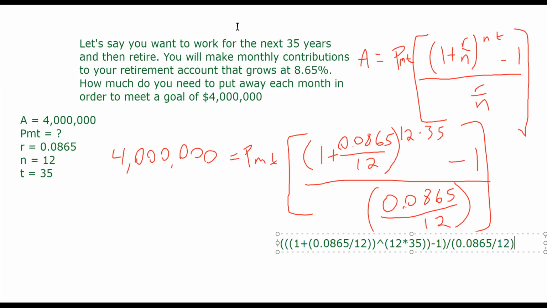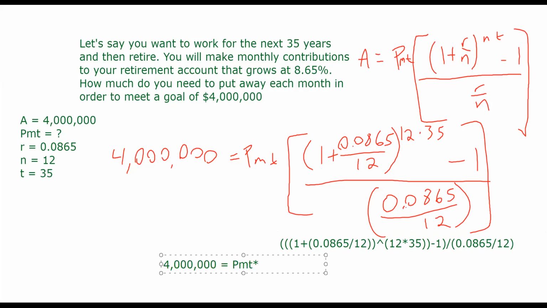So you're going to end up with the equation 4 million equals PMT times, and then the business we got in the calculator was 2833.188,556,389,622. Yeah, it's a little bit of a pain to write out that many decimal places, but your calculator is doing all the real heavy lifting.